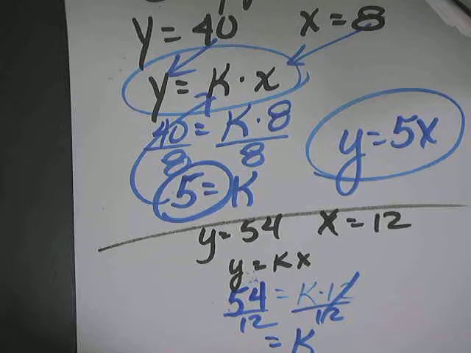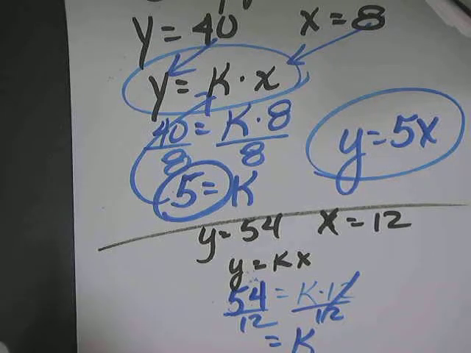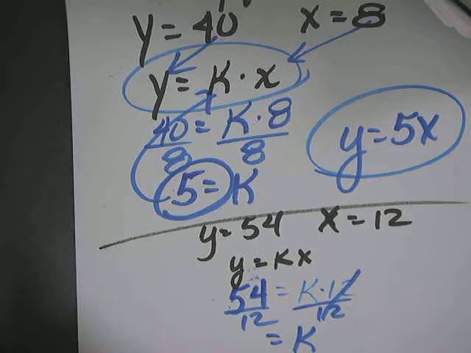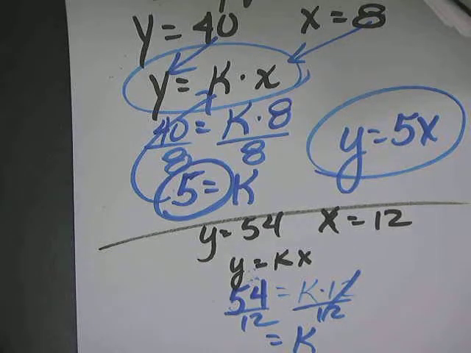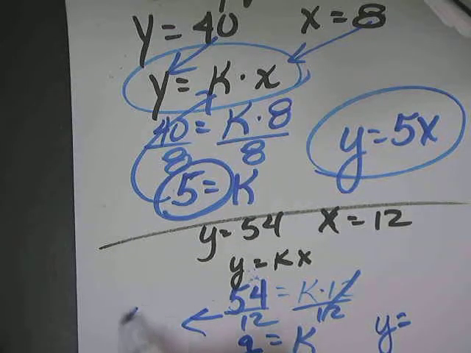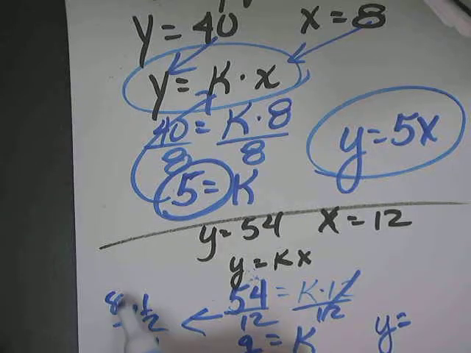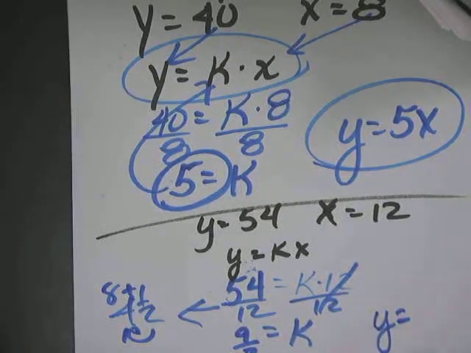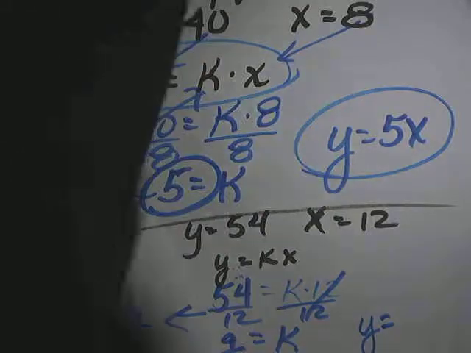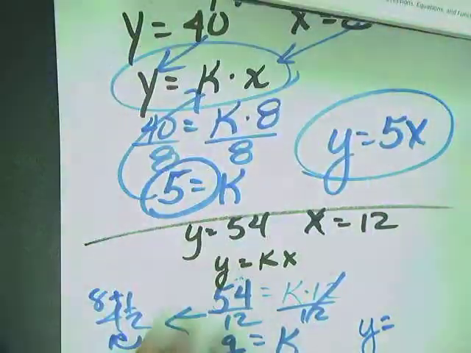Let's not do a decimal, let's do a fraction. 4.5, but let's do a mixed 9 halves. Instead of 4.5, you need to write it as an improper fraction, because you don't put y equals 4.5x. It's always an improper fraction, so we'll have 9 halves. If you want to, do 4.5 and then go 8 plus 1 is 9. If you want to turn it into mixed and then back into an improper, that's fine.